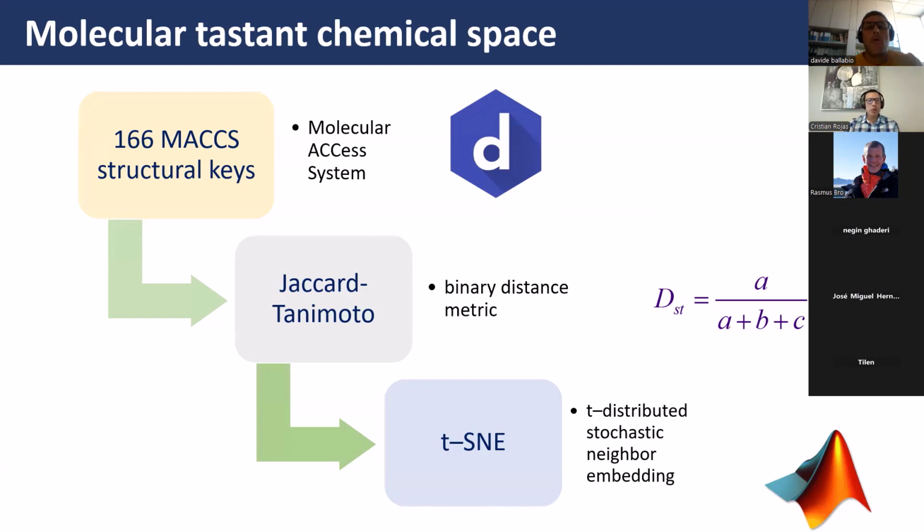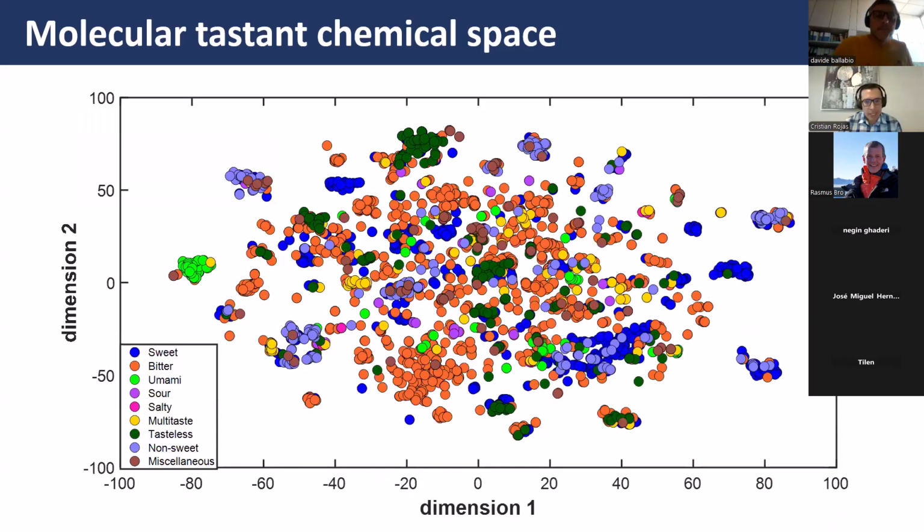Then the Jaccard-Tanimoto binary distance was implemented with the t-distributed stochastic neighbor embedding approach for data reduction in order to visualize in a two-dimensional map the chemical space of the ChemTastesDB. In this slide, you can see the chemical space created by the projection of the first two dimensions of the t-SNE approach. As you can see, there are some molecules overlapping, as well as some classes overlapping.